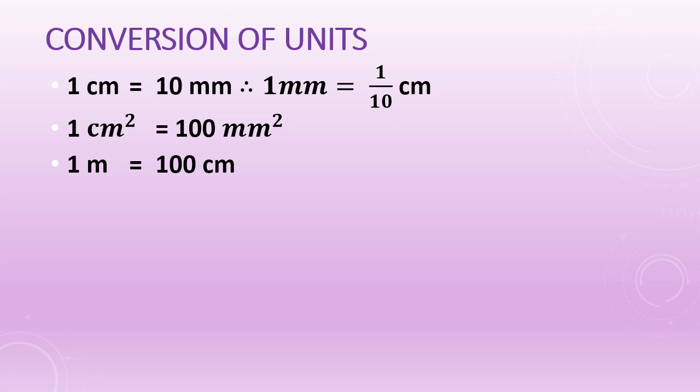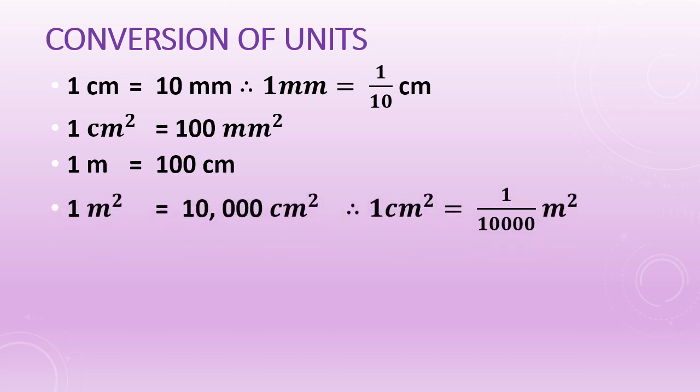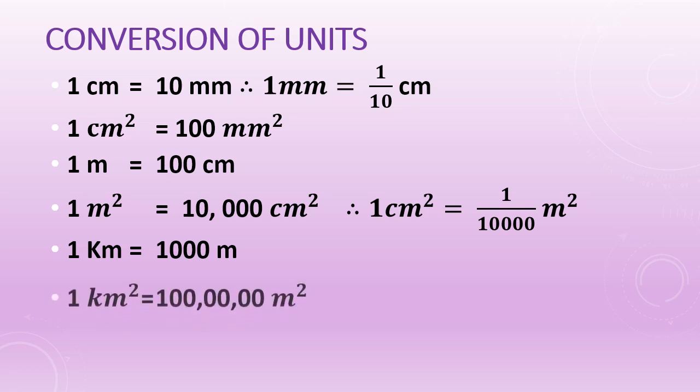1 meter equal to 100 centimeter. 1 meter square equal to 100 centimeter into 100 centimeter, which gives 10,000 centimeter square. Therefore, 1 centimeter square equal to 1 upon 10,000 meter square. Similarly, 1 kilometer equal to 1000 meter.